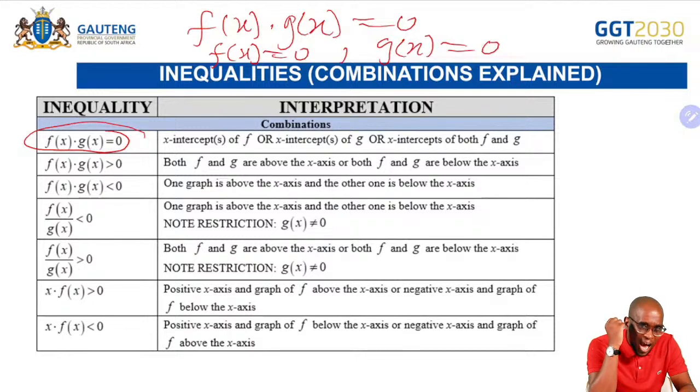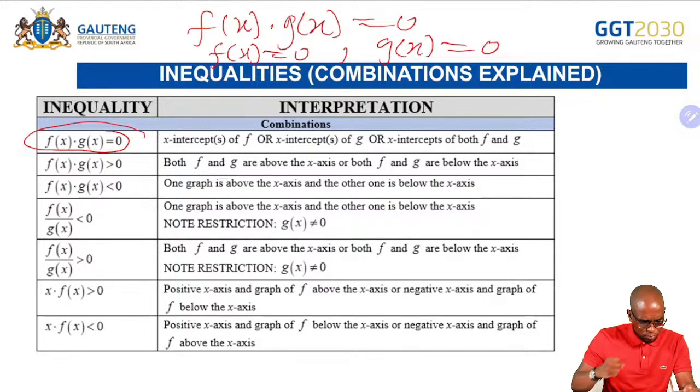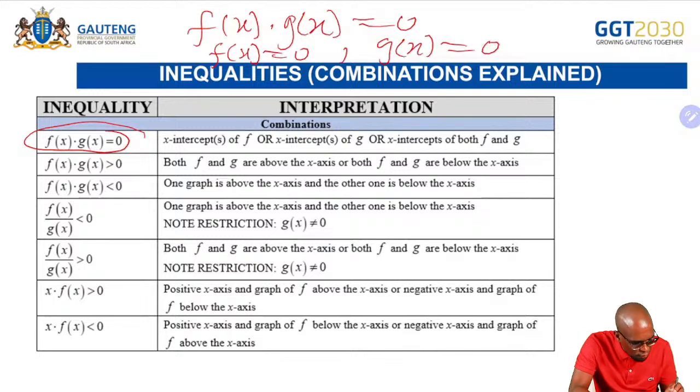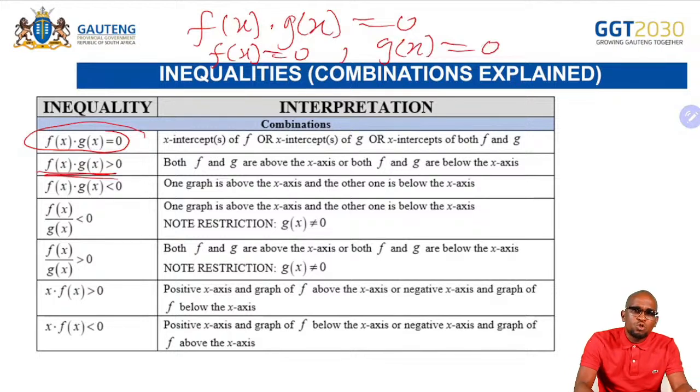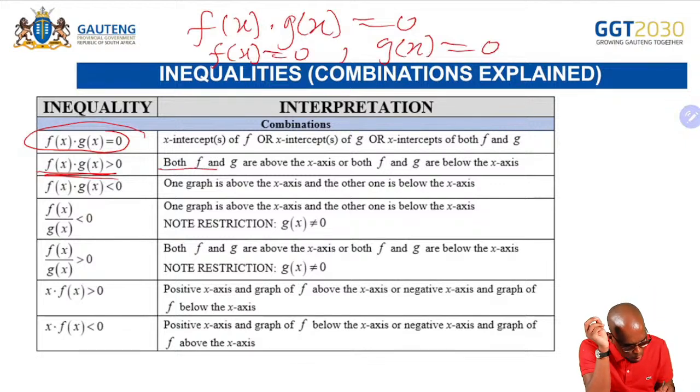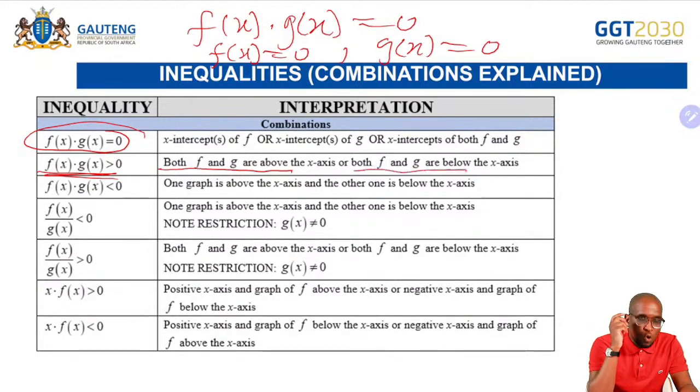I repeat, either f would be equal to 0 or g would be equal to 0 or both. Now that would be the point of reference. If you multiply the two, f times g, you are looking at a region in space where both f and g are above the x-axis or both f and g are below the x-axis.